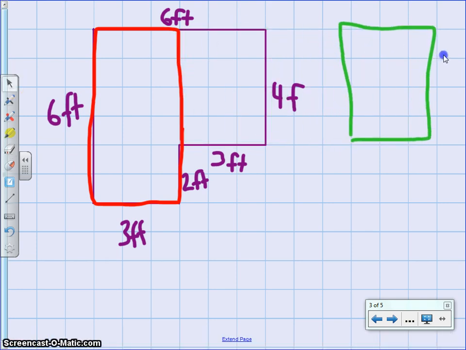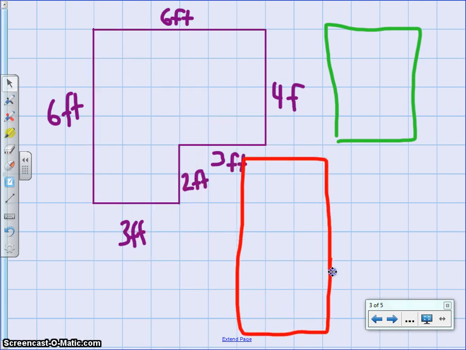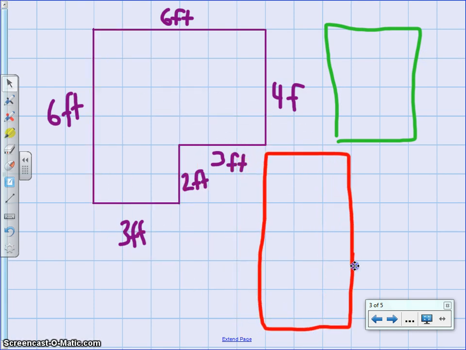So I have this one over here, and then I have this red one. Okay? And so essentially I made this problem that looked kind of hard, I turned it into two easy problems. I know how to solve and find the area of a perfectly shaped rectangle, so I turned this irregular shape into two regular shapes, and I just have to add them together.